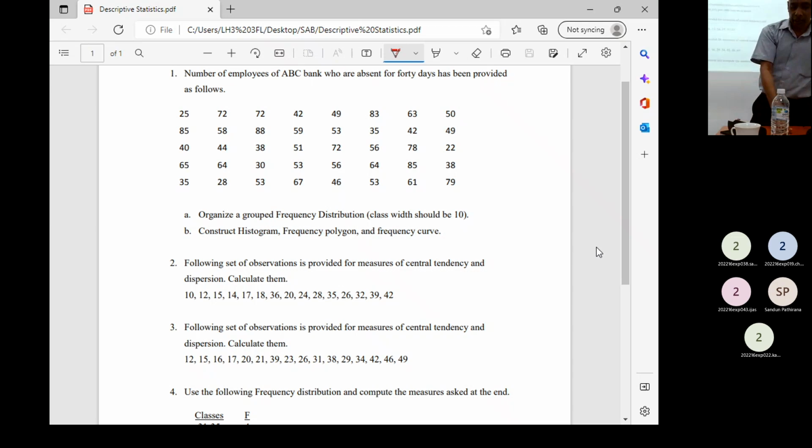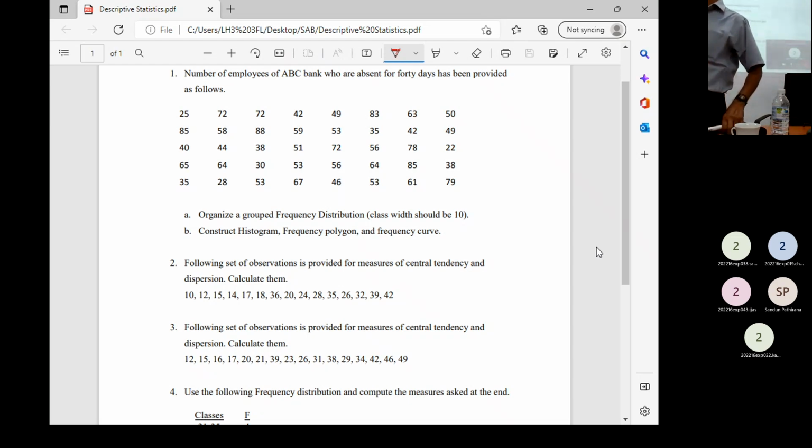Right, data organizing. That is our main topic. When you collect data, before they are arranged, they are called raw data.